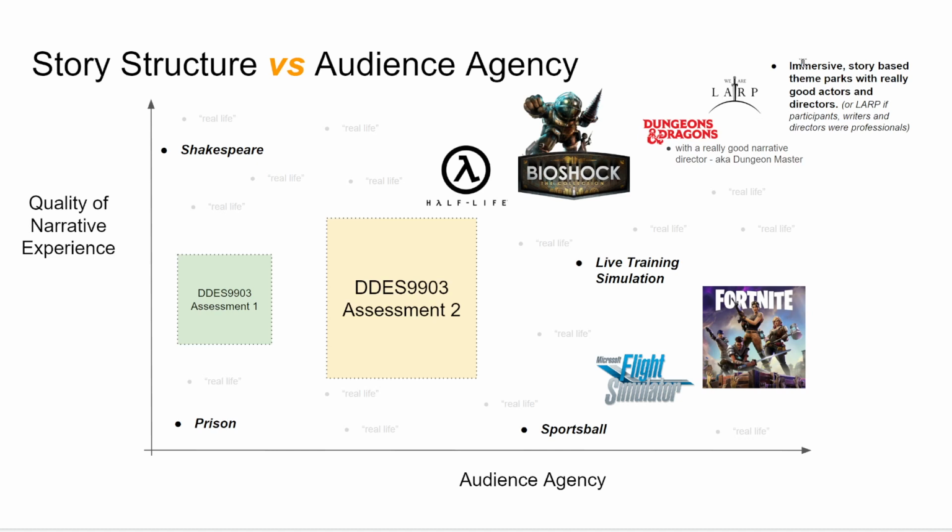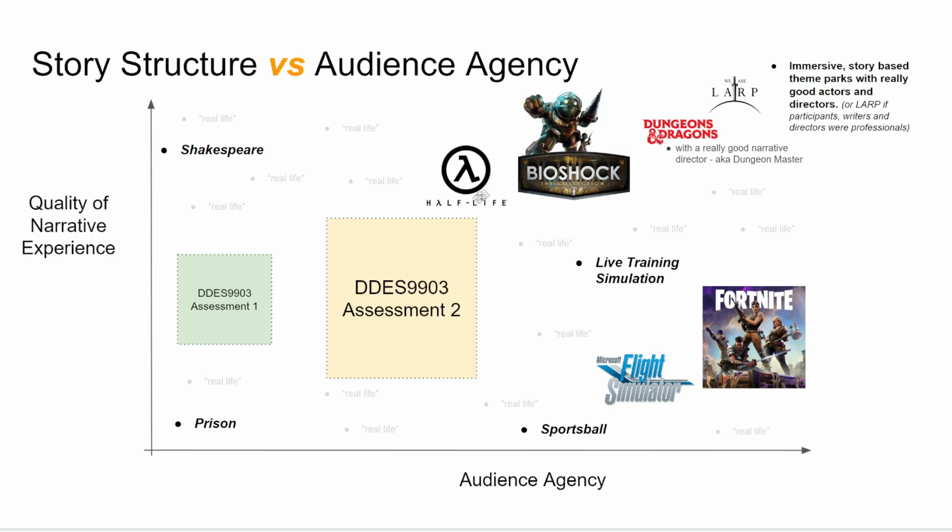But I guess what I'm describing here is a little bit of a fantasy, because we've discussed live action role playing games, and if the people participating in it aren't that good or aren't that experienced, then the quality of the narrative experience goes down, although you still have full agency. So really the solution to that is, have everyone as professionals, but that's going to be really expensive because you got to pay everyone.